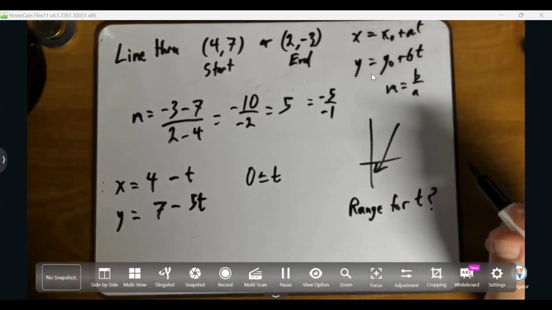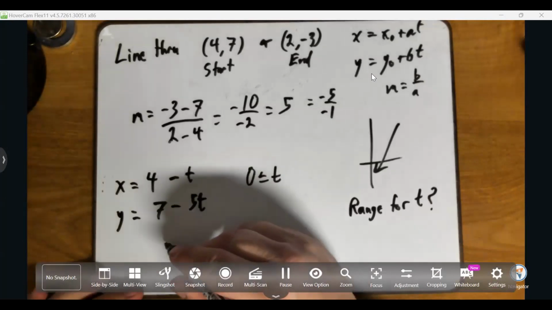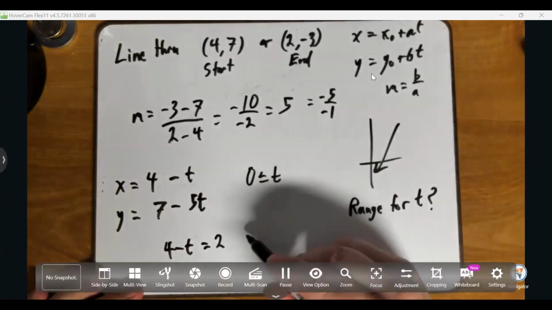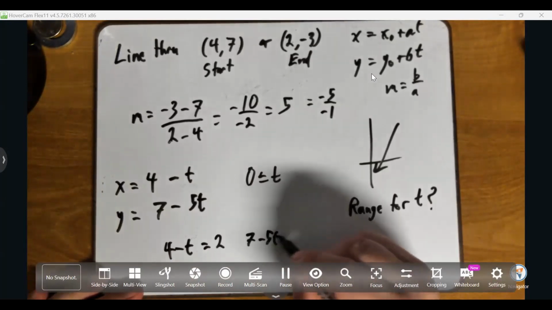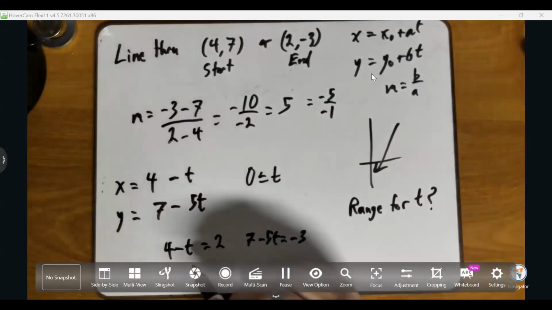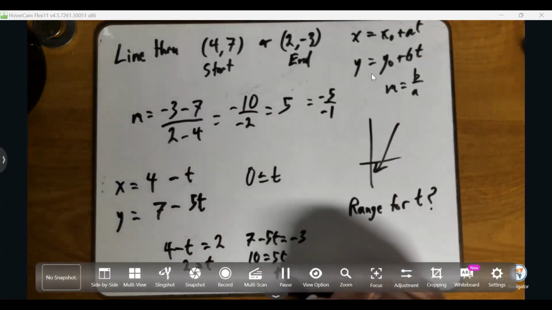But we need to figure out what our ending point for t is. It ends at (2, -3). So 4 minus t equals 2, and 7 minus 5t equals -3. We would solve for t in that case, and 10 equals 5t. So each side gives us t equals 2.